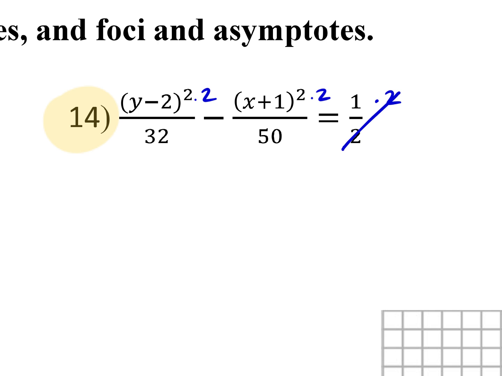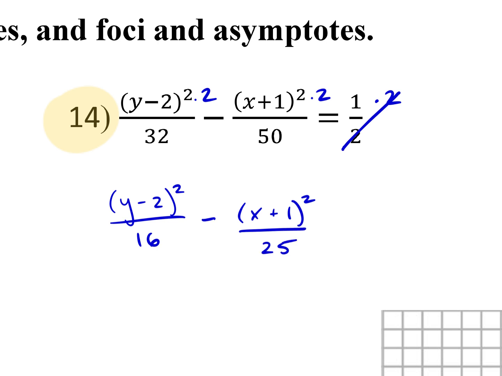In our first fraction, we have 2 over 32, which would simplify to what? 1 over 16. Minus, in our second fraction, we have 2 over 50, which would simplify to what? 1 over 25. That's equal to 1.